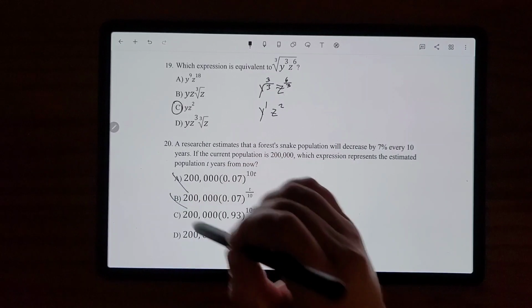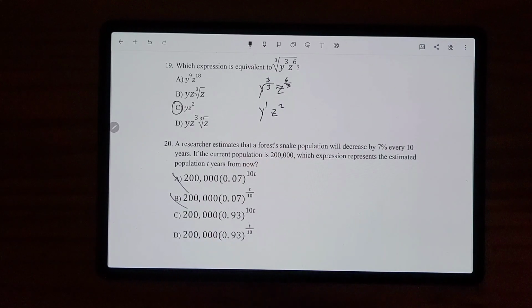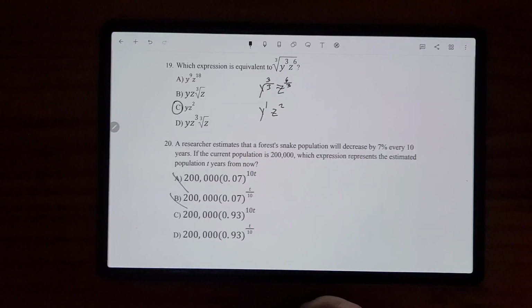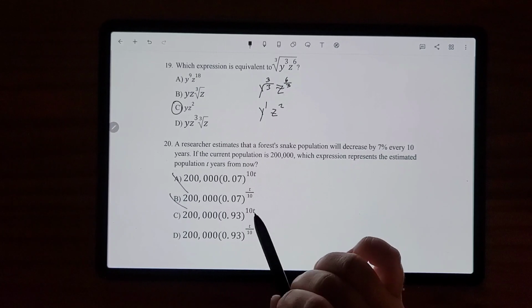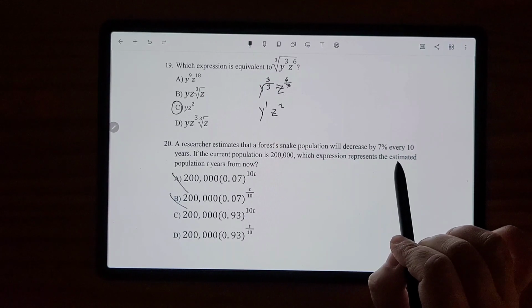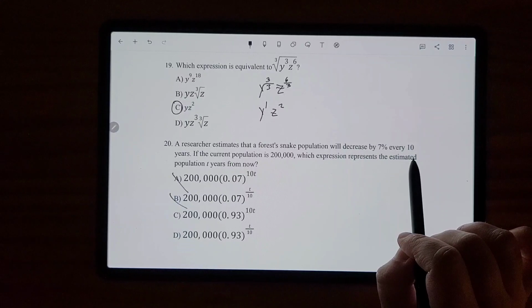So it has to be either C or D. And then whatever the rate that we're multiplying by is being raised to has to match the time intervals that they're giving us. So they're saying it's happening every 10 years.